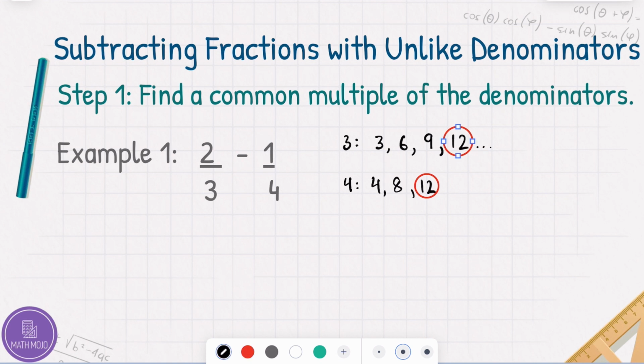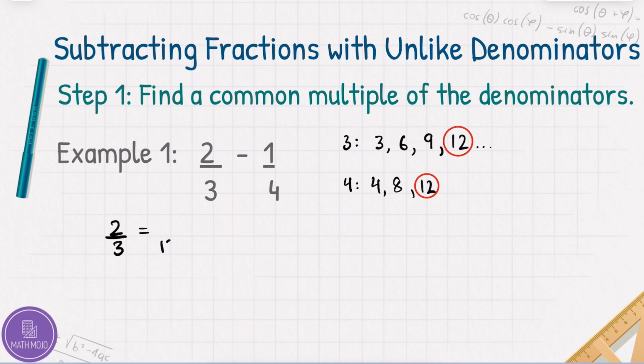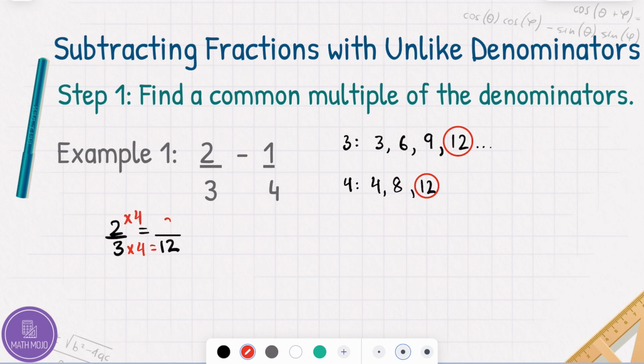So now we can start changing our fractions. We're going to start off with 2 over 3, which is equal to something over 12 in our denominator. And how we got to 12 is we multiplied 3 by 4. So we're going to do the same thing to our numerator. 2 multiplied by 4 is going to give us 8. And now we're going to do 1 over 4, which is also equal to something over our common denominator, 12.